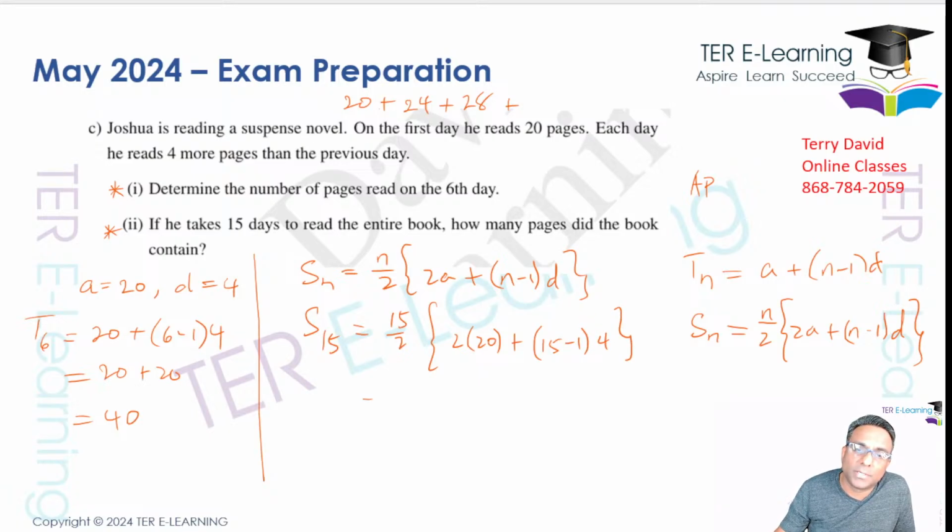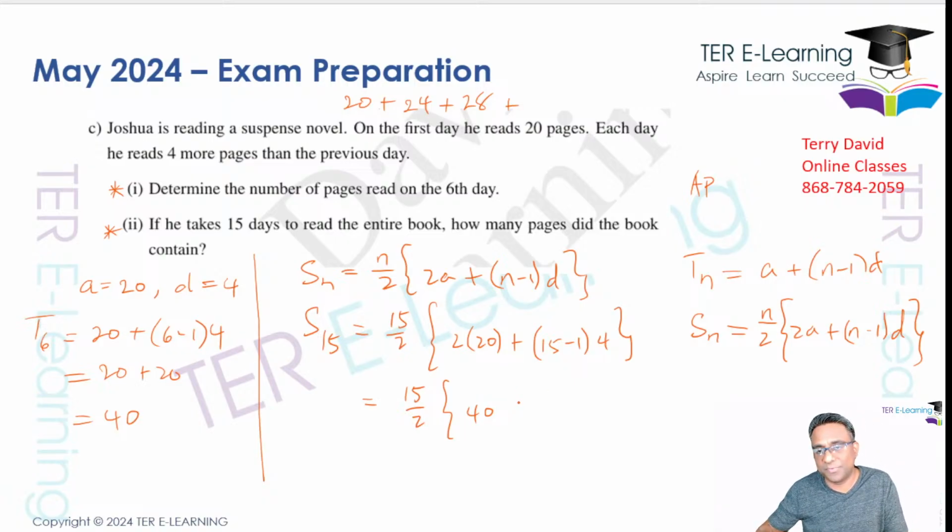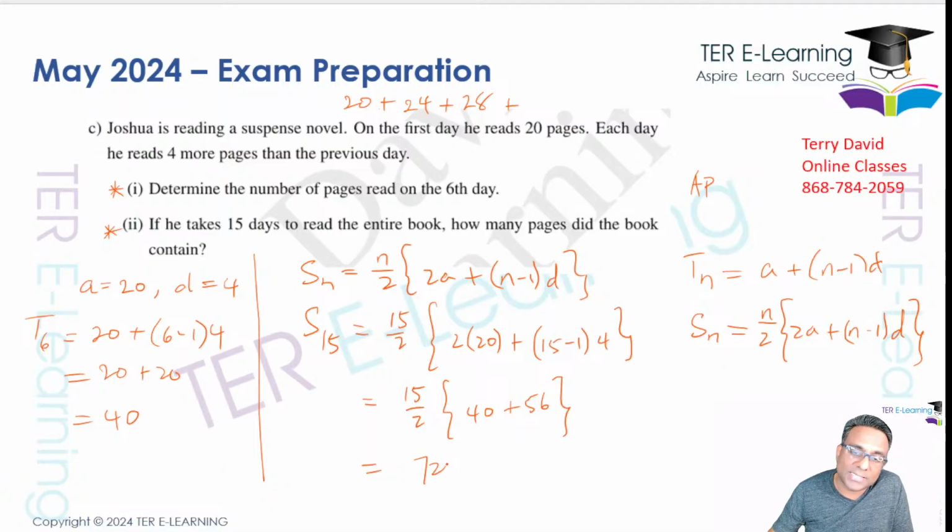So this is 15 over 2 by (20 by 2 is 40, plus 14 by 4, which is 56). So that's 96 multiplied by 15 over 2, and you're going to get 720. So the book actually has 720 pages. I saw one or two people had that as the answer. That's correct.